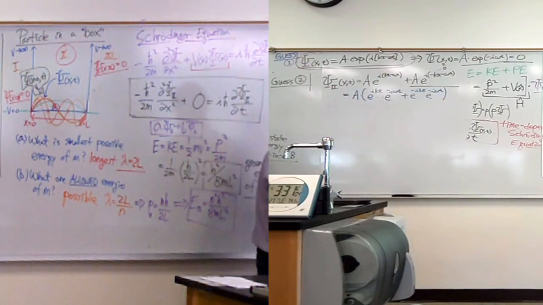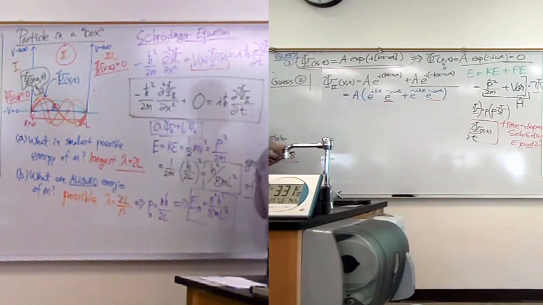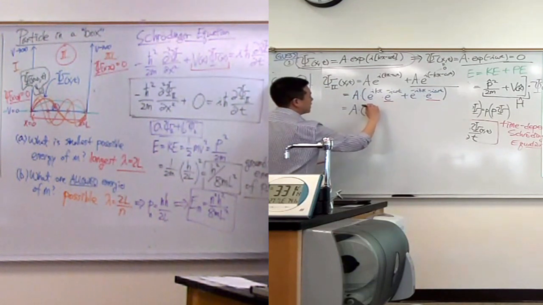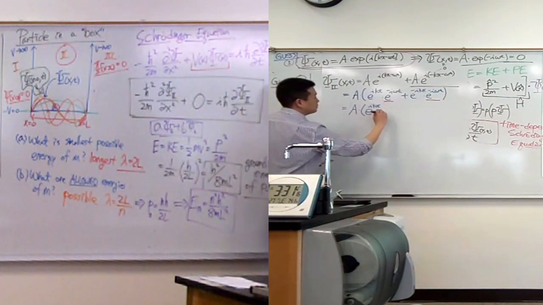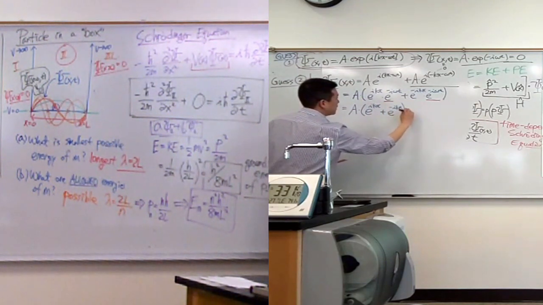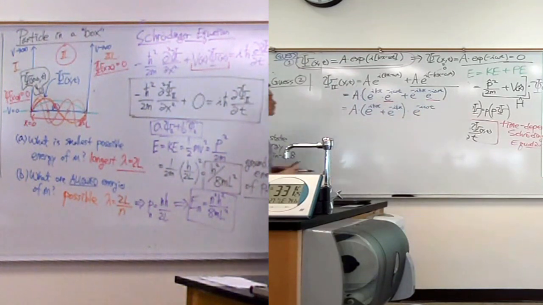I see something else I can factor out, e to the minus i omega t. So I have A times (e to the i kx plus e to the minus i kx) times e to the minus i omega t.